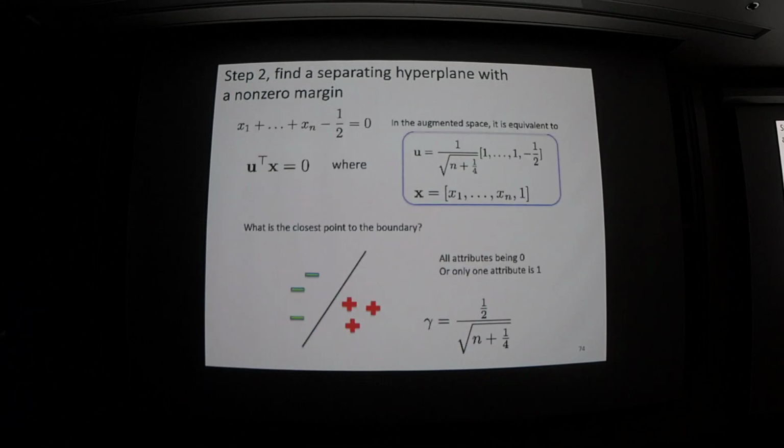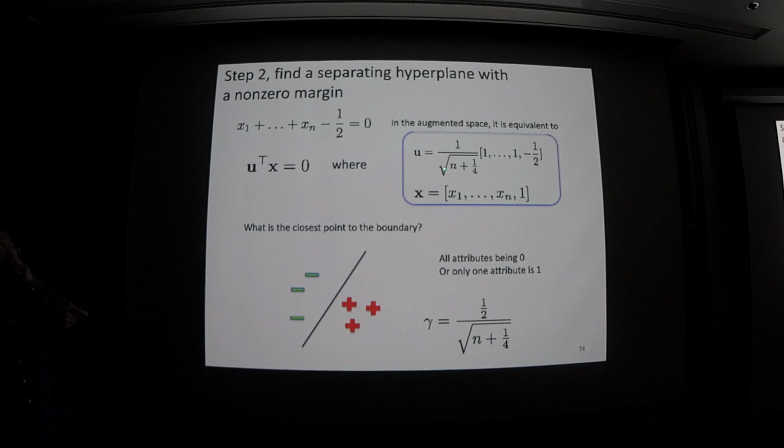So first we find the closest point to this hyperplane. Second, we need to normalize the weight vector to ensure it is a unit vector. It is pretty easy to normalize: you just divide the coefficient in front of each x1 to xn, and the bias term, by the norm.